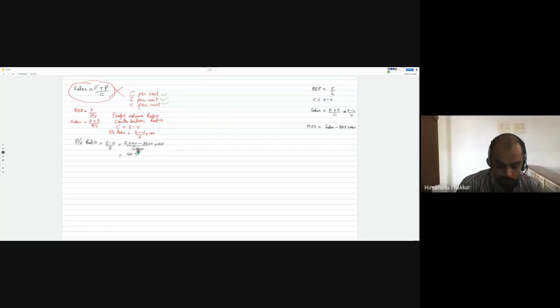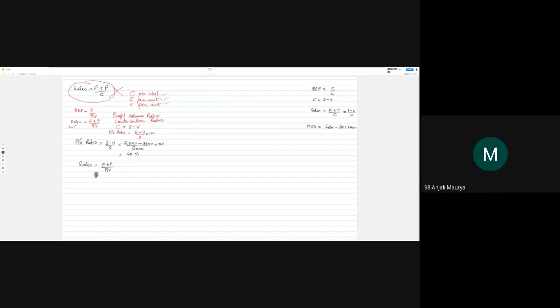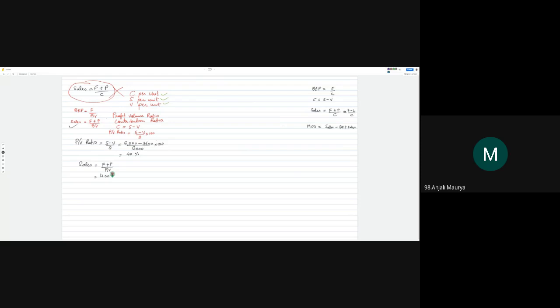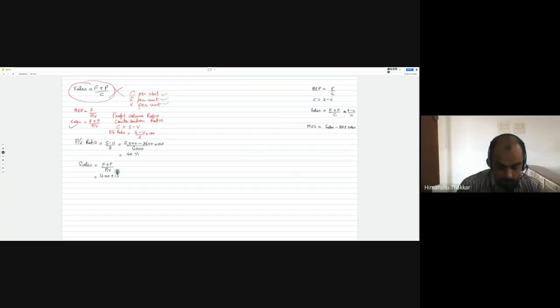Right. Now put this 40% in this formula. Sales is equal to F plus P upon PV. So your F in this example is 1200, plus profit 1800, upon your PV, which is 40%.